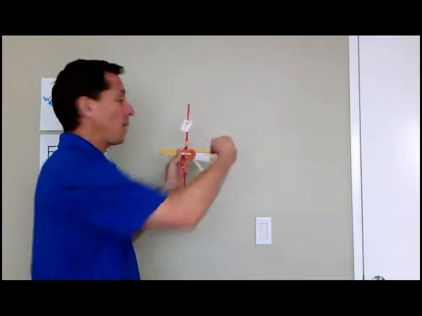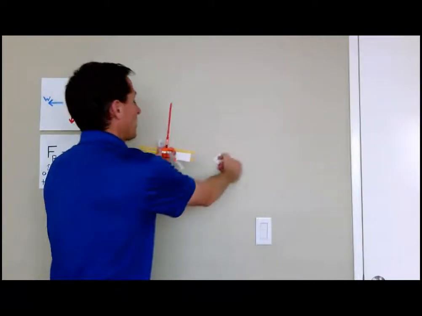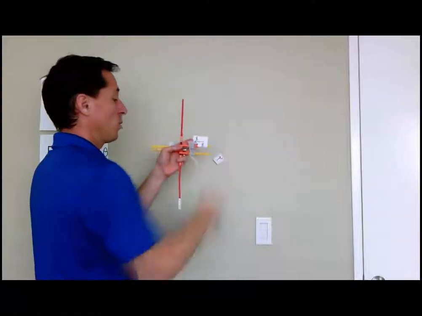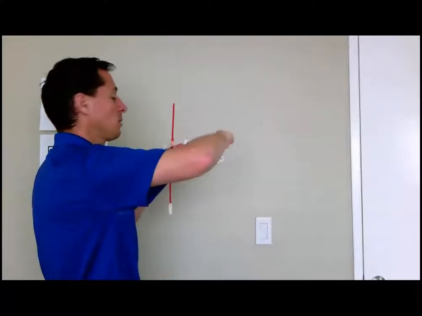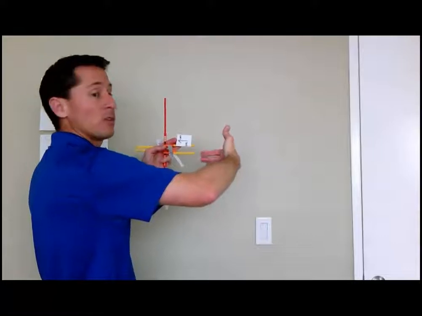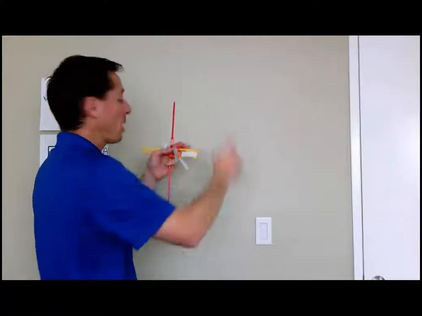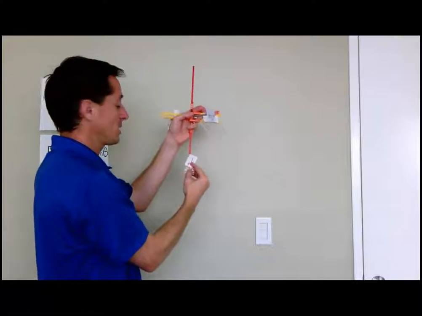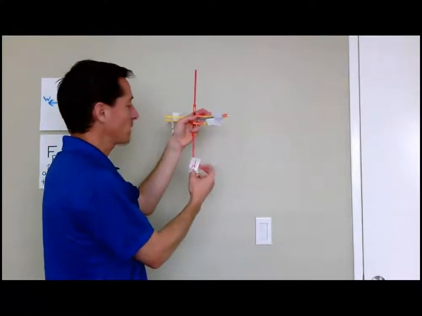So the velocity is going away from me. The magnetic field is to my left. The only options are up or down. I will use my right hand, spin it around until my fingers, which are the magnetic field, point to the left. The force is up on a positive charge, but it is a negative charge, so flip it. The force is down.